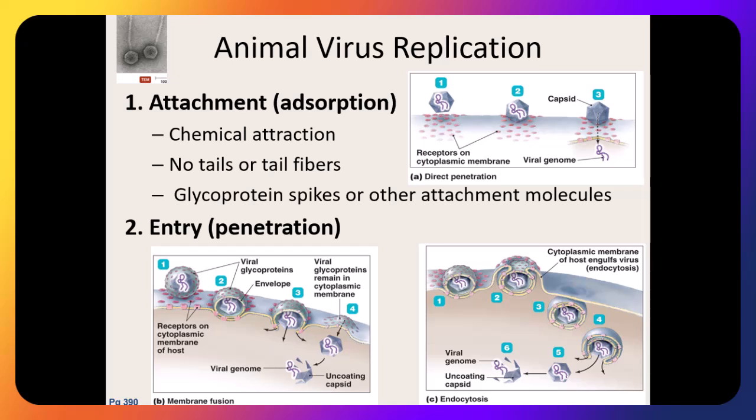It brings the genetic material, it brings the capsid, and it even brings the envelope. Because the virus doesn't need all of it, the first thing it's going to do is get rid of it all. It will get rid of that envelope, it will get rid of the capsid, and you're left with the genetic material in. So there are some different ways that it can get in. If you were a bacteriophage, pretty much it's direct penetration and that's it. But animal cell viruses, little different, more options.